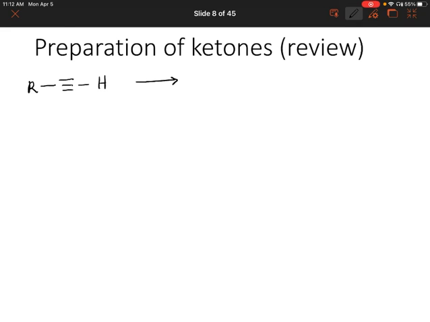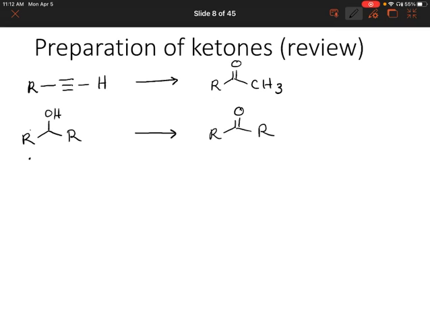So again, the first one, we have a terminal alkyne. In the second option, we have a secondary alcohol. In the third option, we have an alkene.